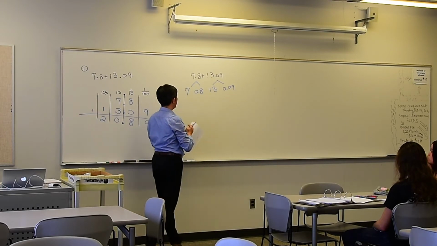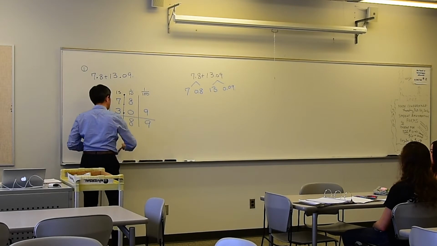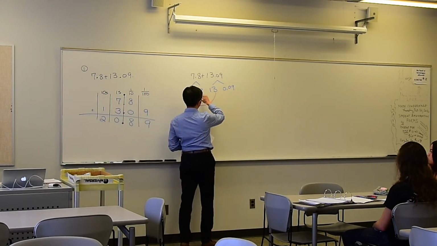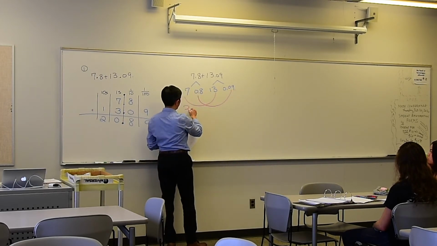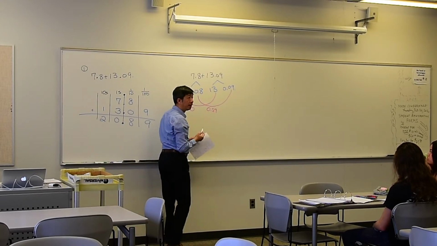Alright. So basically, you decompose like this, and you can process with a mental computation like this. And then you have 20 for this, and then this is 89 hundredths, right?